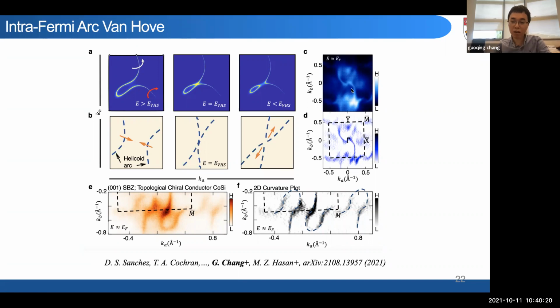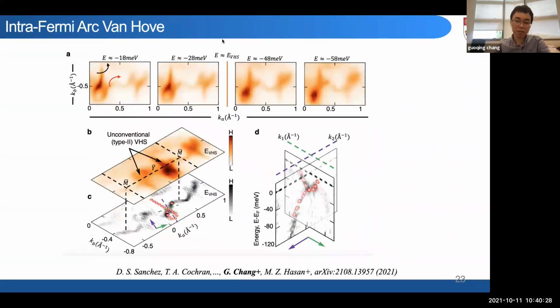To directly see this Van Hove, according to the calculations, we need to lower the energy. So we do the measurements by lowering the photon energy. At the Fermi level, you can see these two points moving close to each other and meeting at some point. If we go further, they will move further away from each other.